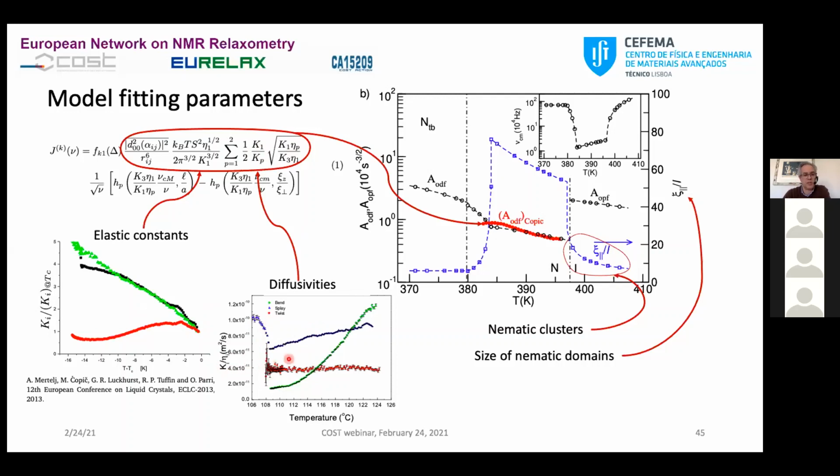So it is possible to estimate this diffusivity, this ratio of elastic constant and viscosity, and it is possible to calculate this quantity, and this is the red points here, which very nicely fall over the points that were estimated from the NMR relaxometry.